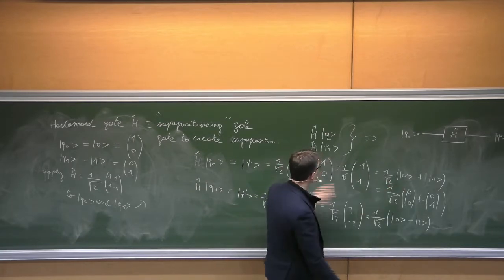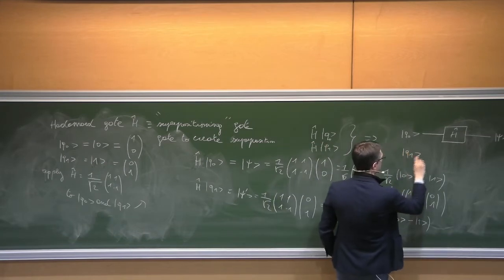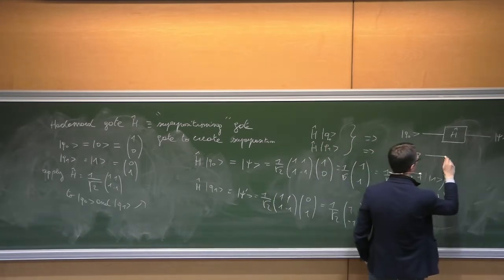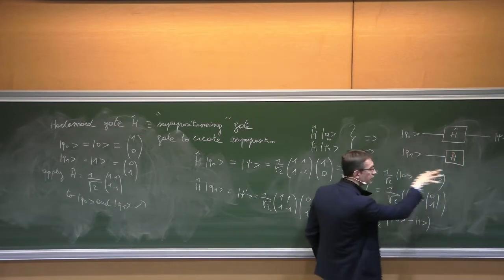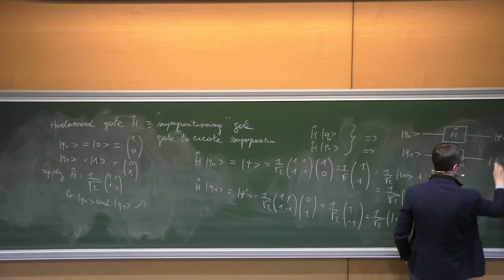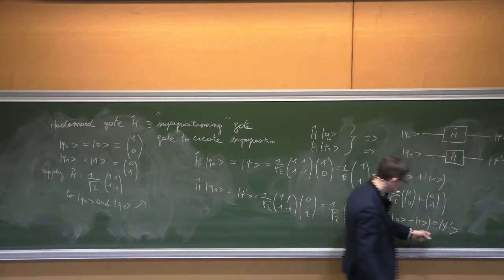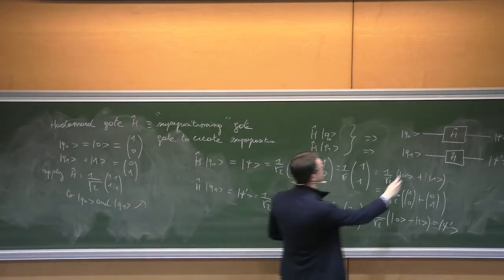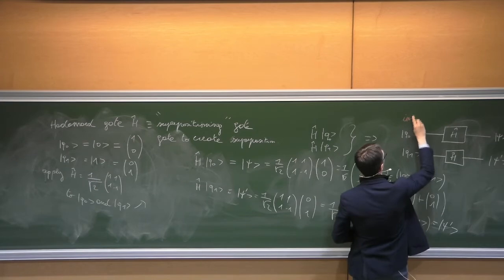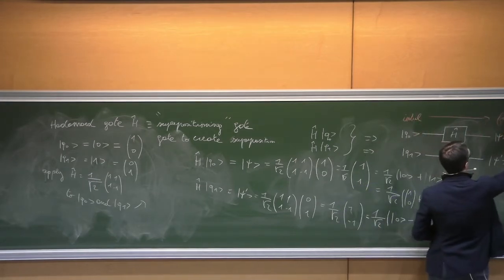Okay? And if I want to do it for this one, then likewise, I have Q1. So along the circuit, I go from left to right, and I end up with psi prime, given by this state now. So this is initial, and then this is final.